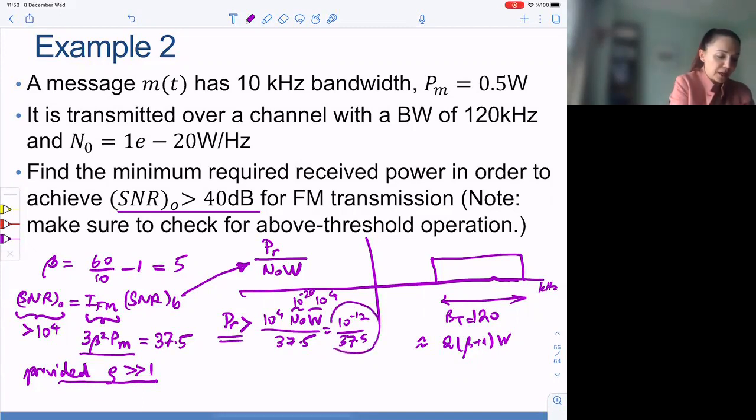So effectively, now we have solved the problem, but we still need to check that we are above threshold. So how do we check that? What is the CNR?